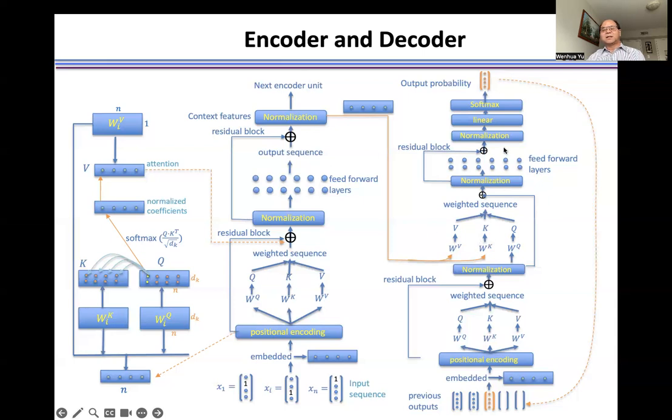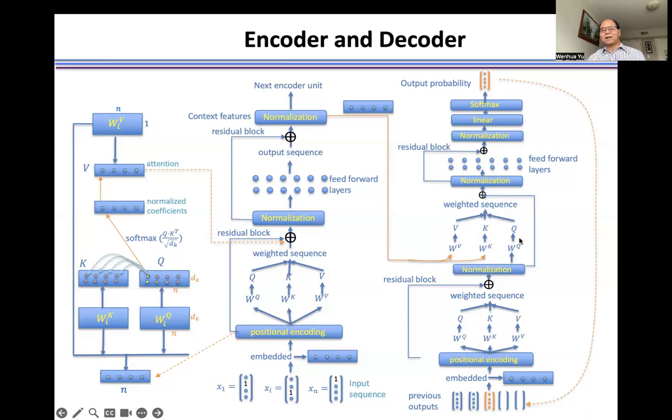Inside the decoder unit, the first decoder unit uses the previous output as a partial input and uses the features from the corresponding encoder unit as a partial input to the decoder unit.